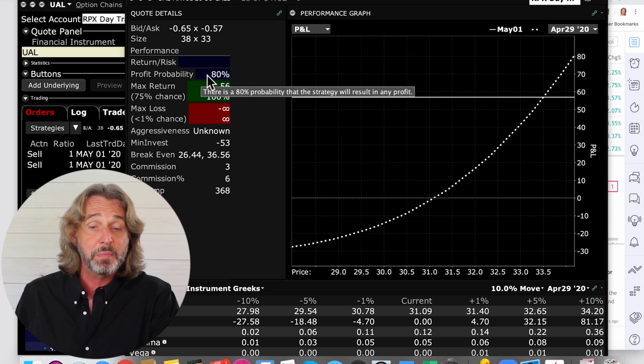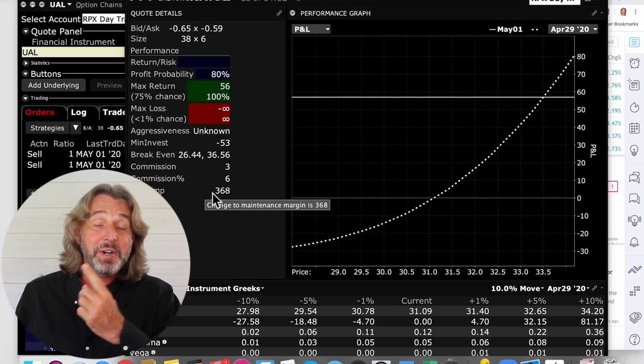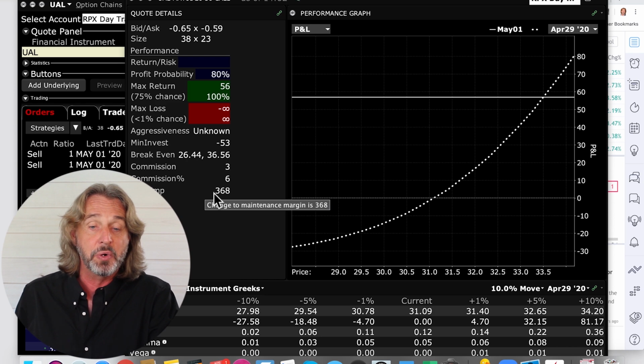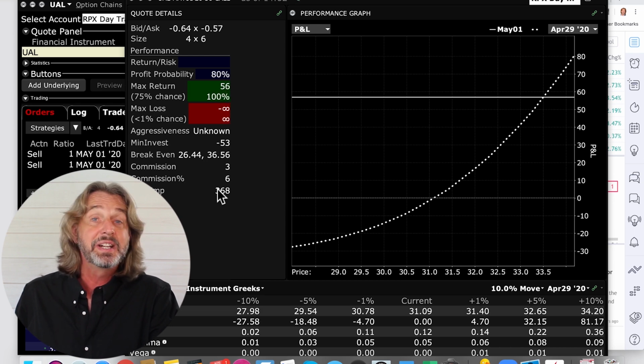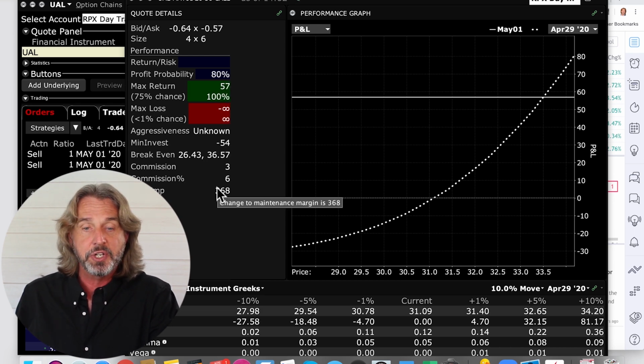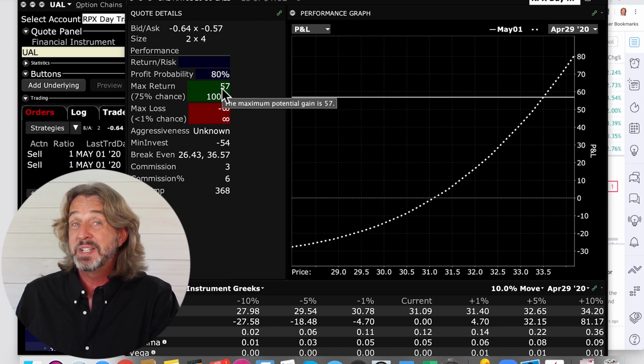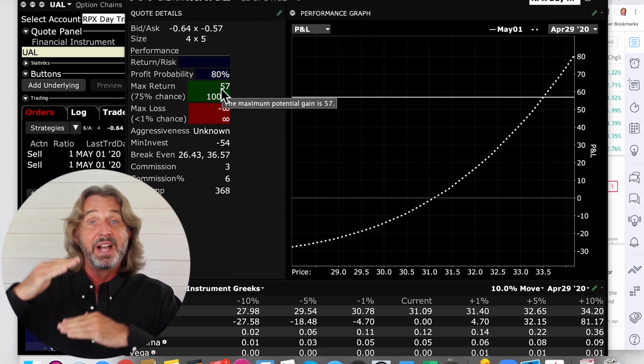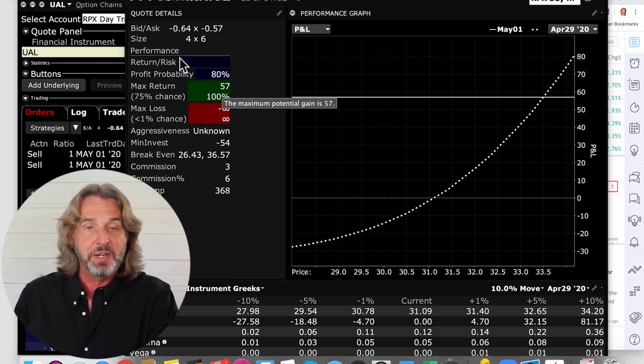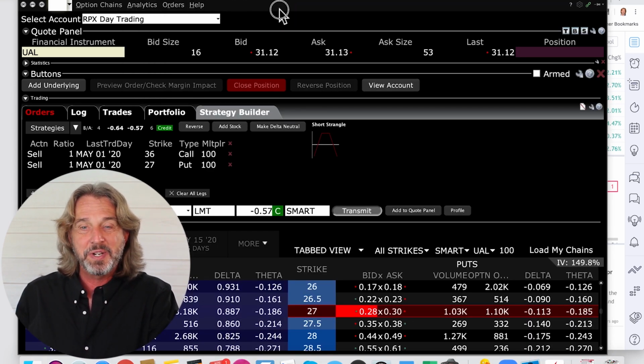That does not sound too bad, because for one contract, the margin impact is only $368. So this means that I can make here in 2 days 10% based on my margin. Wow, that's pretty sweet. Seems that we could be even less aggressive and choose strike prices a little bit out of the money here. But you see, this is the general idea.